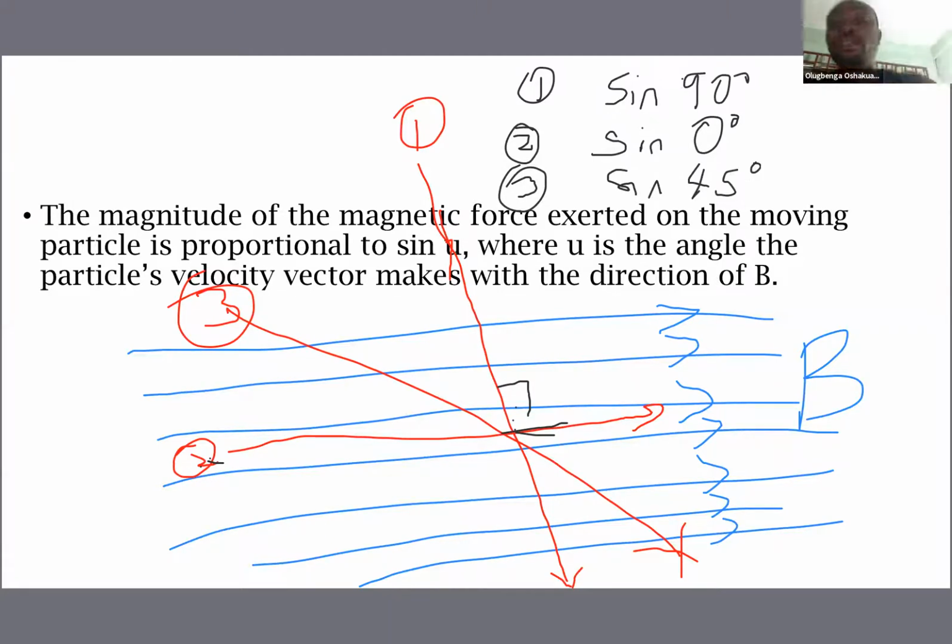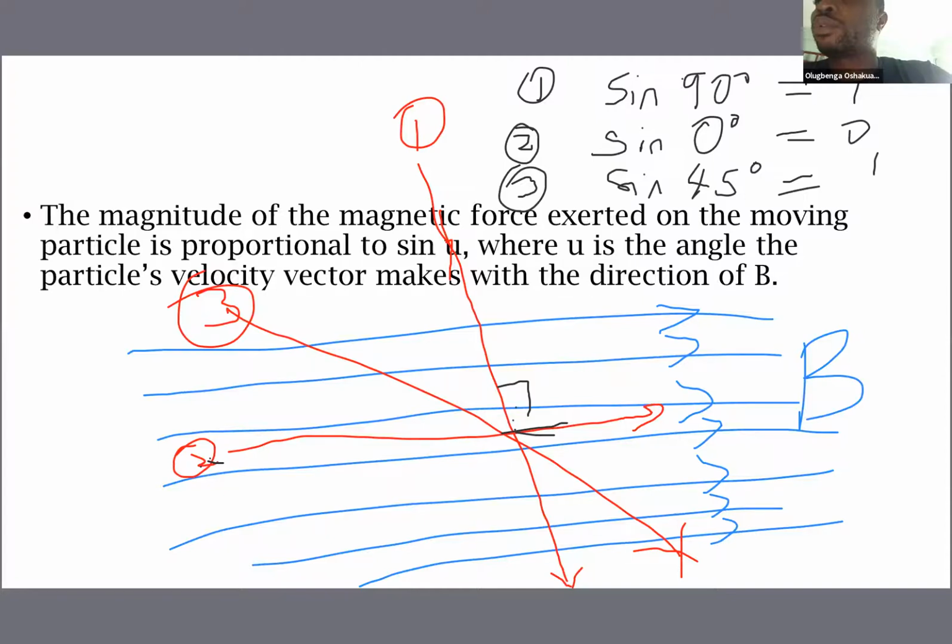So what the equation here is telling us is that the magnitude of the magnetic force exerted on a moving particle is proportional to sine theta. That means as sine theta increases, the magnetic force will increase. And what is sine 90? That should be 1. What is sine 0? That should be 0. And what is sine 45? That should be 1 over root 2.